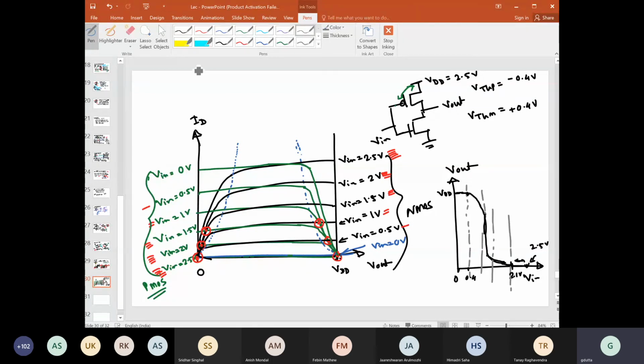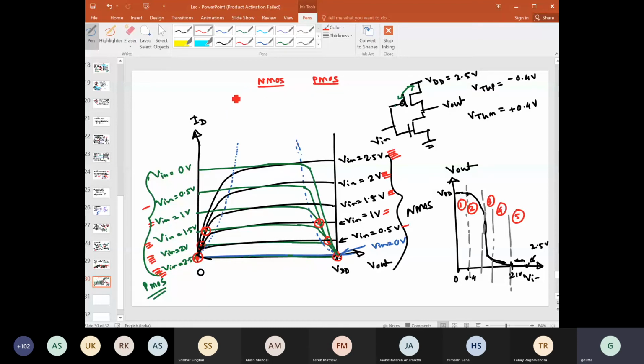If I say this is region 1, this is 2, this is 3, this is 4, and this is 5, then I hope you will be able to tell in which region which transistor is operating in which mode. Suppose here it is NMOS and here it is PMOS.